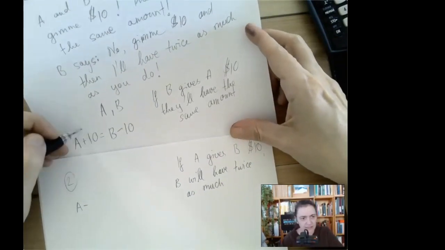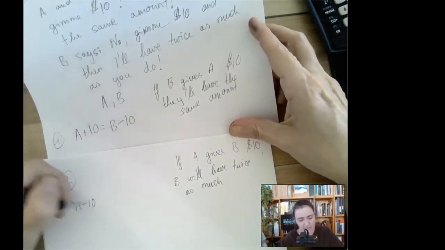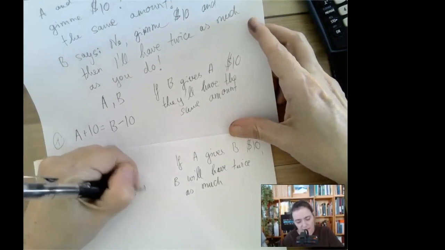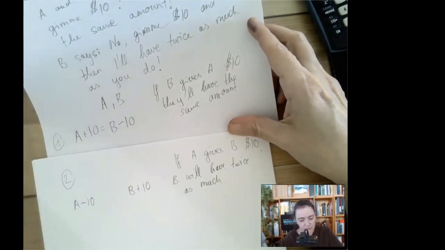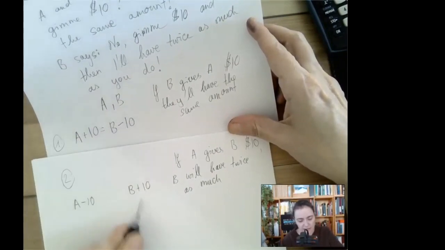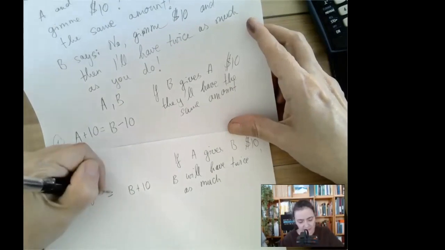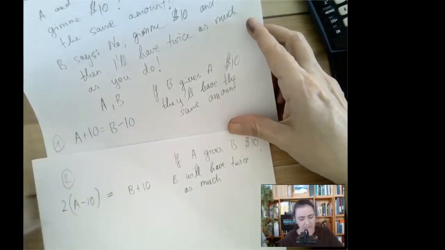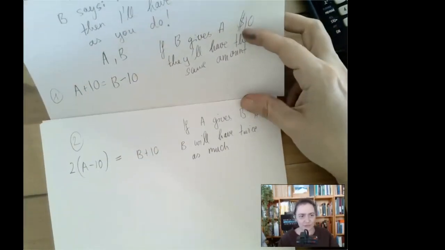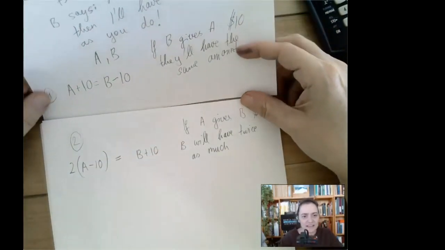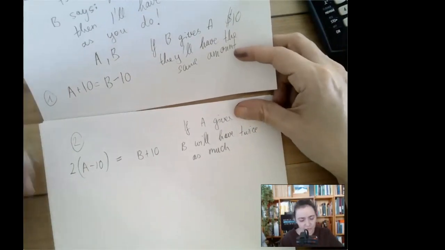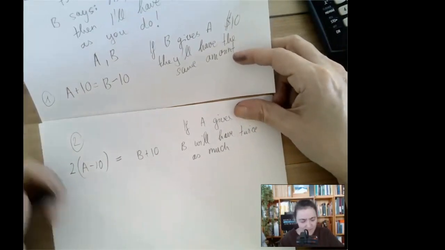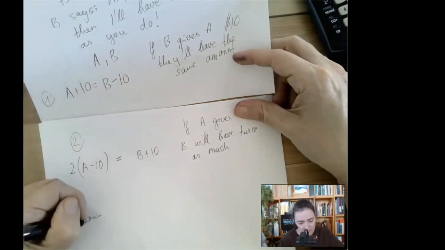Instead of A gets 10 and B loses 10, A loses 10 and B gains 10. And the equation should say that this guy now has twice that. There. I find that one cute too. So it's not exactly the 2x plus 3y. You have to work on it, but it's pretty, as I said, word problems.